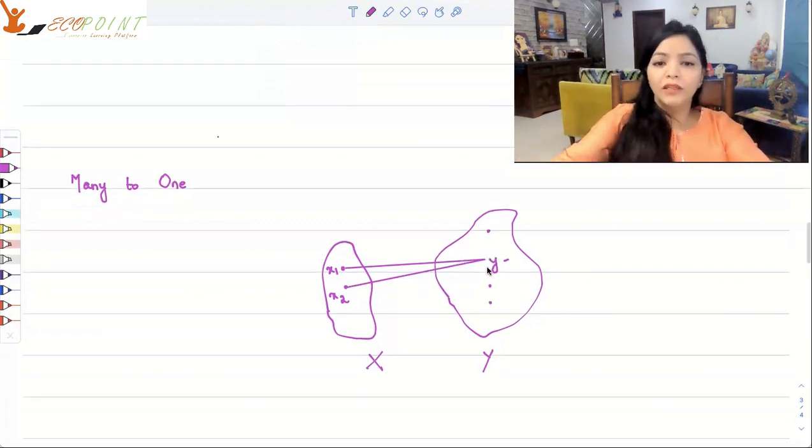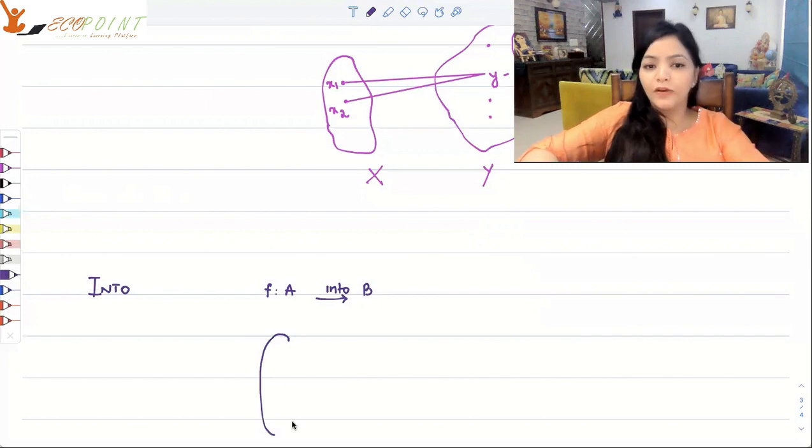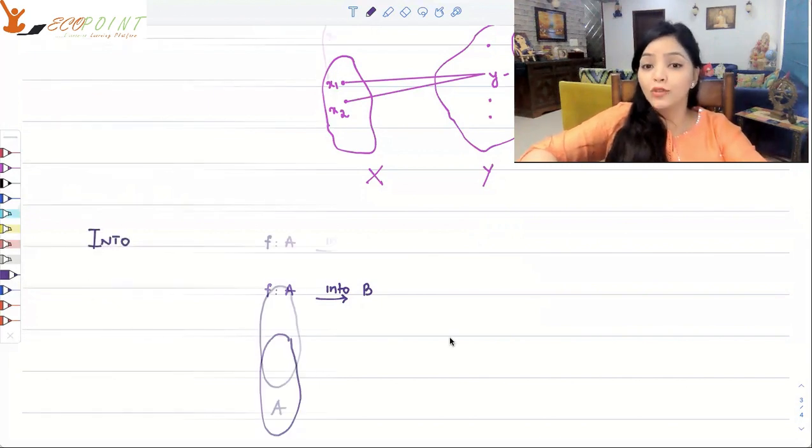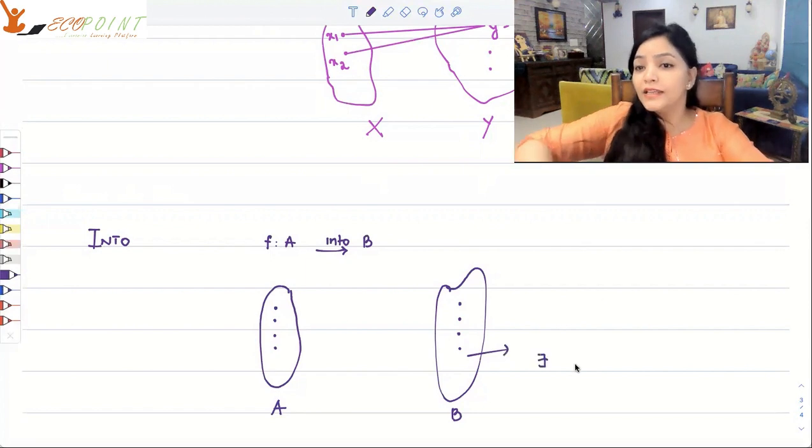Now, then there comes another terminology, which is into function. When is it that we call a function into function? F is from A into B. Now, this essentially means the function is not onto. When is a function onto? A function is onto when the codomain is the same as the range. So clearly the into function is where there exists at least one idle element in the codomain.